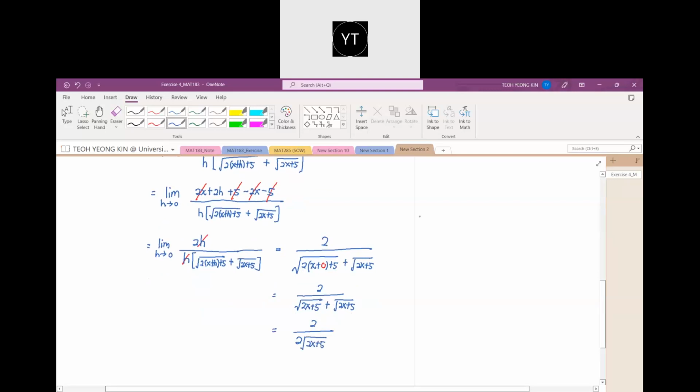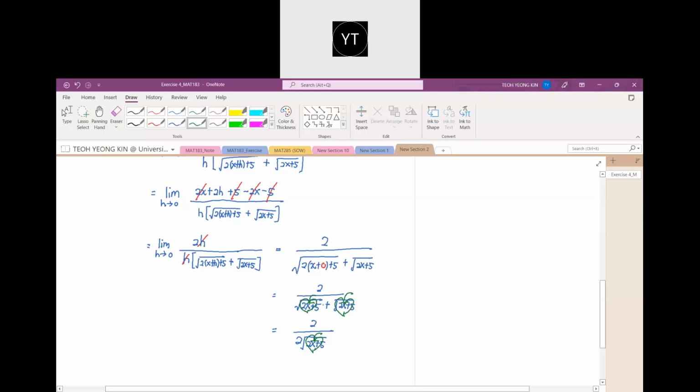It's just like I assume that this square root is an apple. Let's say this is an apple. Apple plus another apple means that we have 2 apples, where the apple is the square root of 2x plus 5. Let's imagine this square root is one apple.